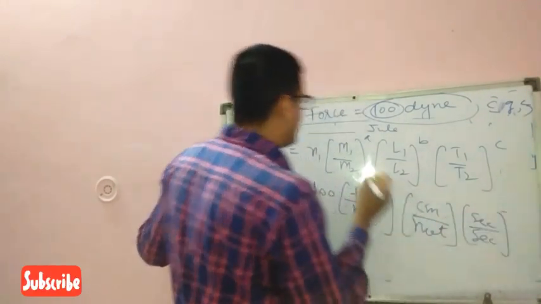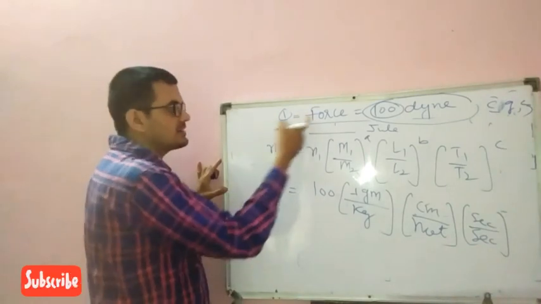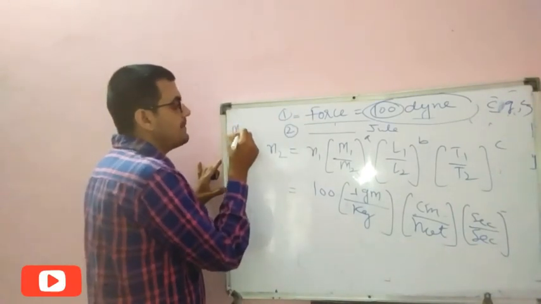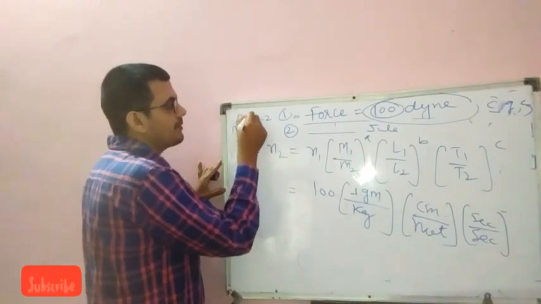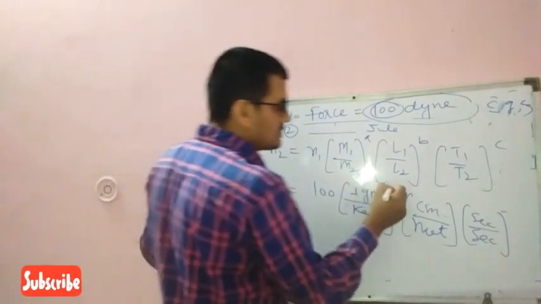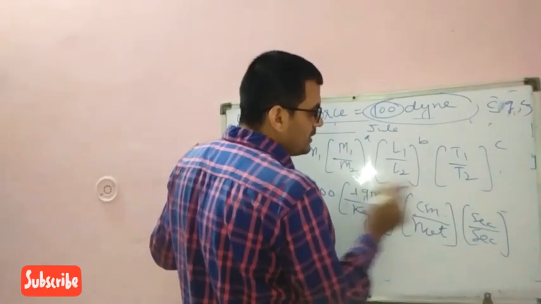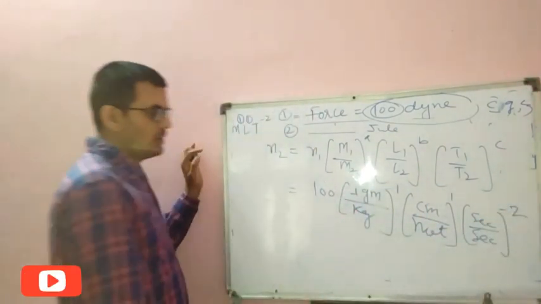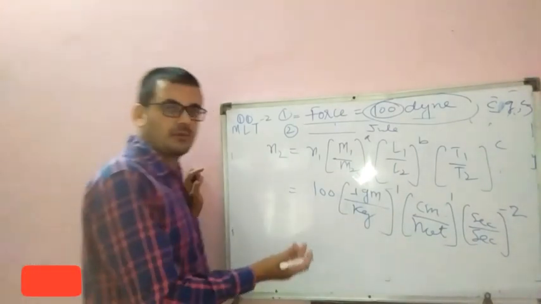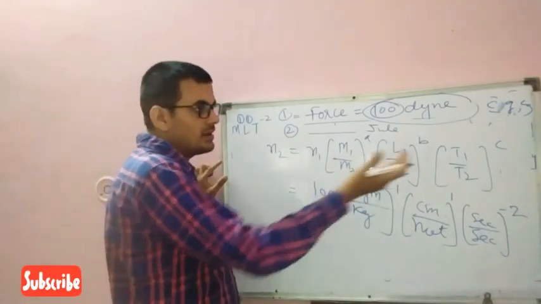Because, I think you all know the dimension of force is M L T power minus 2. So M power 1, L power 1, T power minus 2. We have to convert this into which system?